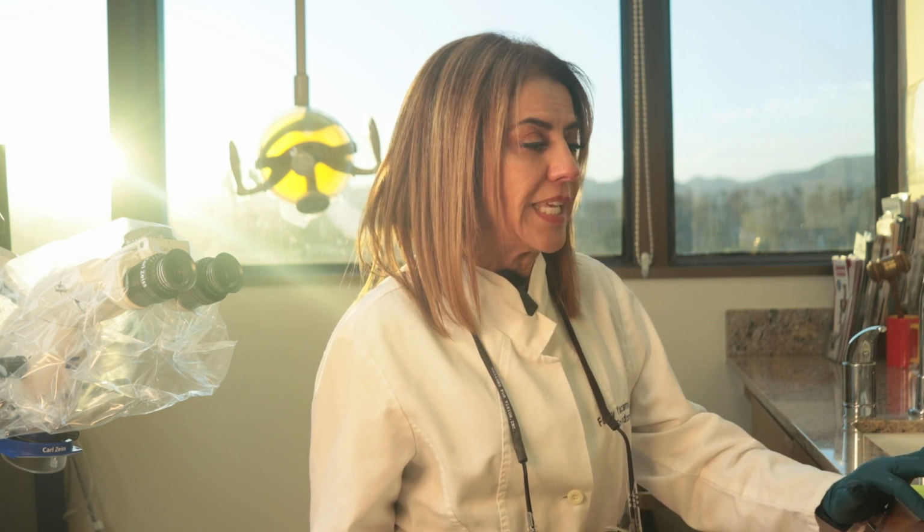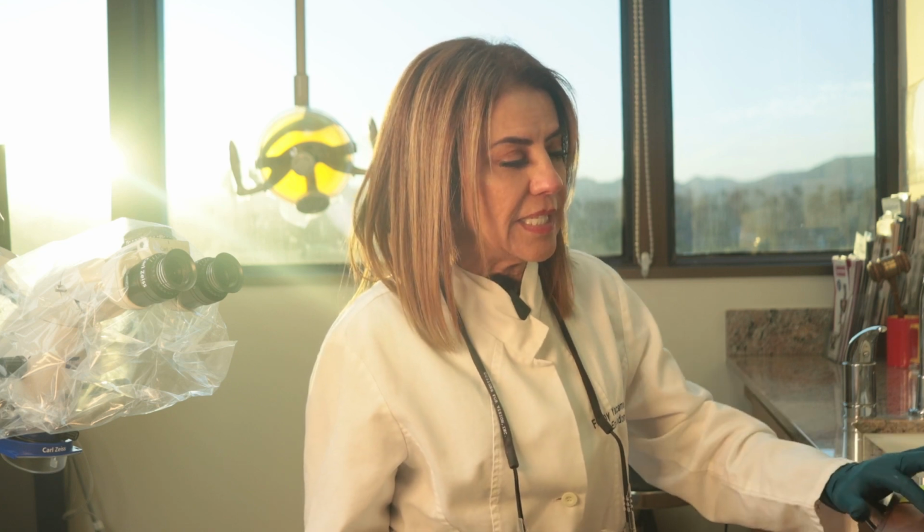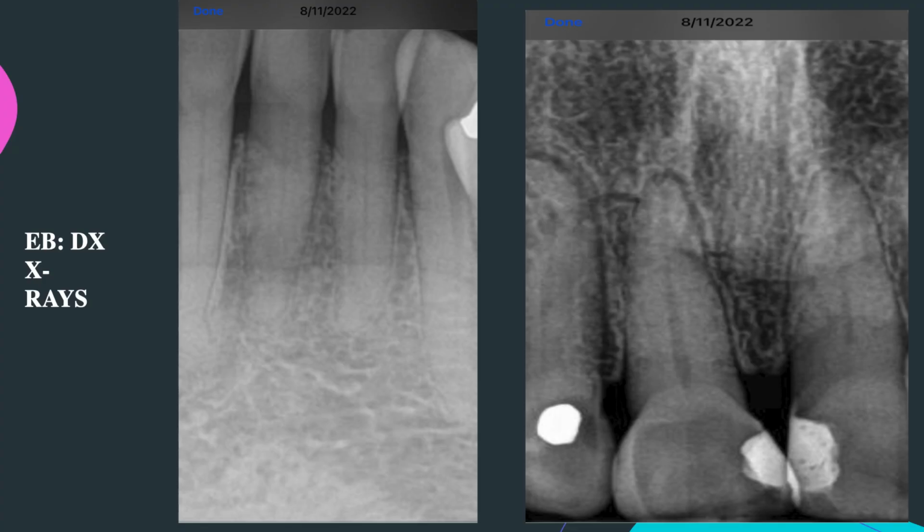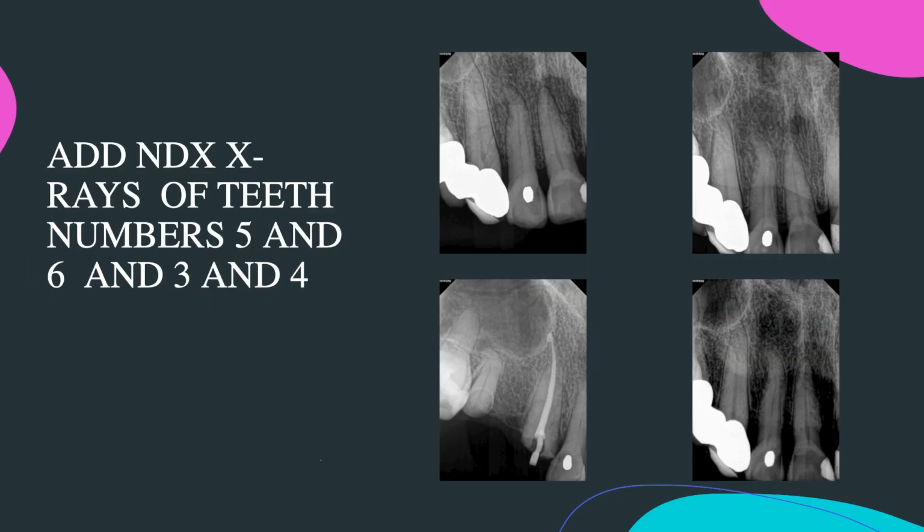But then I saw the next one. You see here a white area, that's the bone. This area that I'm going around, near the root canal, is the sinus. And here is the other tooth that has an infection and was also fractured, and it has to be extracted.